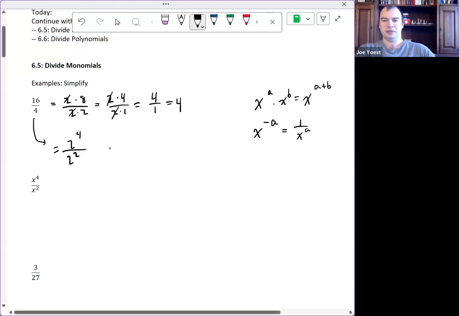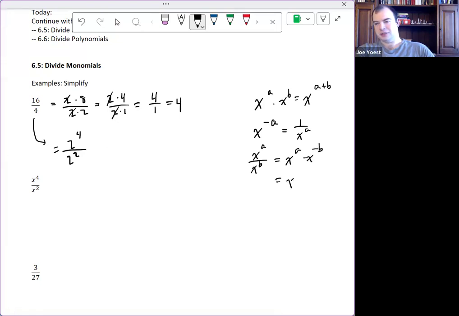Like 2 to the minus 3 power would be 1 over 2 to the 3rd power. And this means that x to the a over x to the b is like x to the a times x to the minus b, or x to the power a minus b.